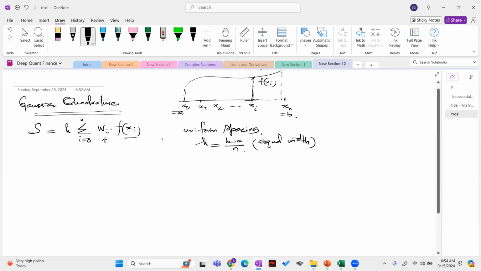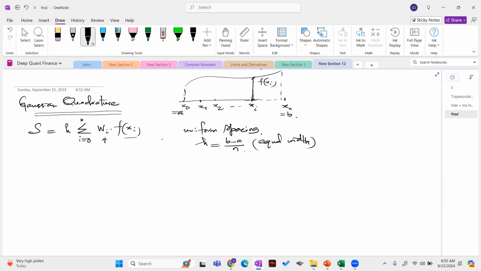But why restrict that, right? Why don't we use some flexibility in terms of deciding where we actually sample? It doesn't have to be this strict regime that we have to divide it into equal subintervals. We can do it non-uniform also.